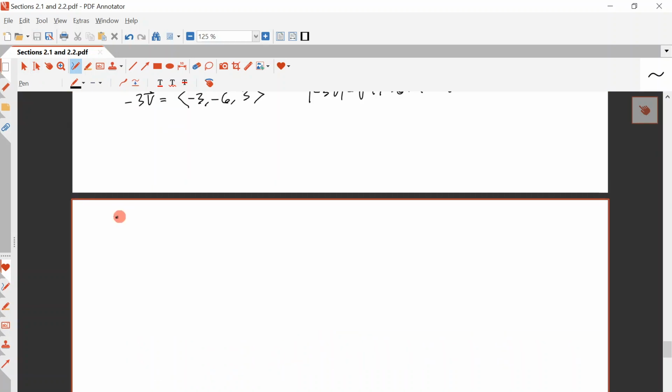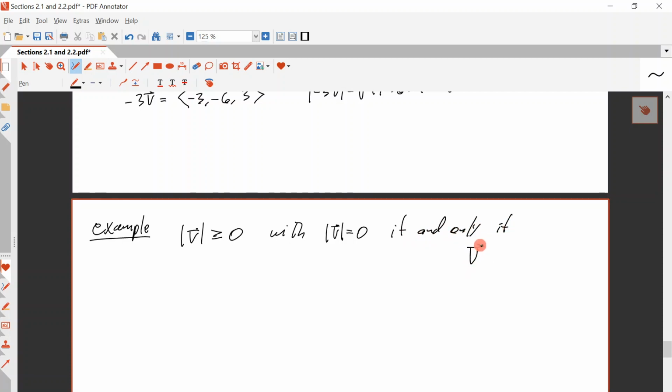Another example, notice that the length of v is always bigger than or equal to 0, with the length of v equal to 0 if and only if v is what's known as the zero vector.